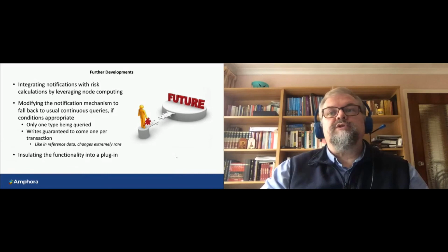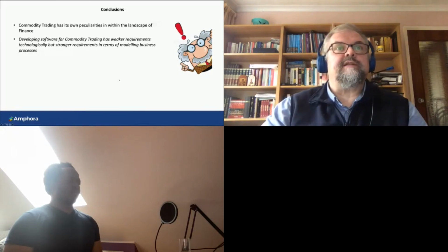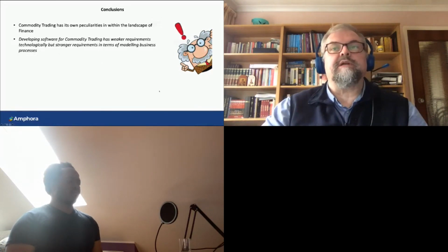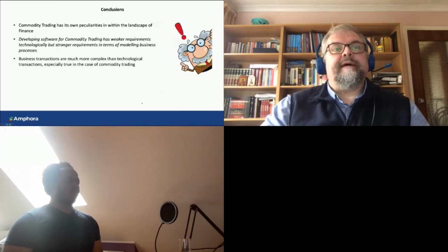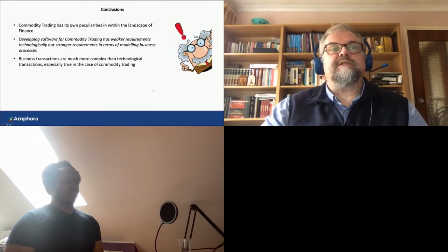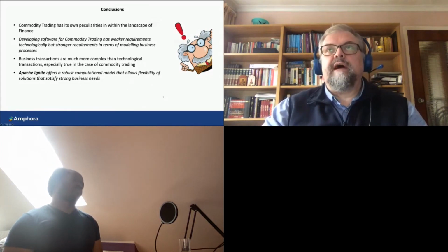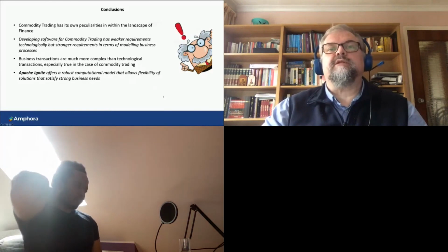So in conclusion, I'm done pretty much with the presentation. Commodity trading has its own peculiarities that affect the development of software in the domain. Business transactions are more complex, more multifaceted than technological transactions, but Apache Ignite offers a very robust computational model on which we can build actual business logic.